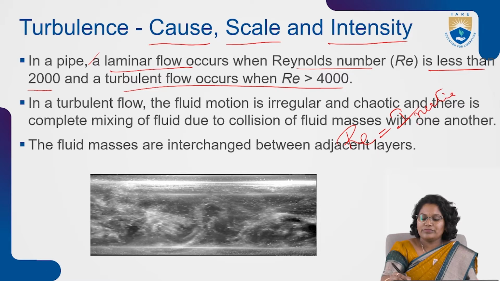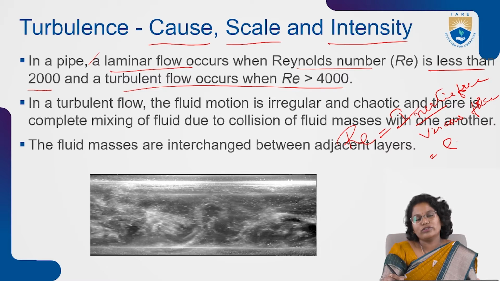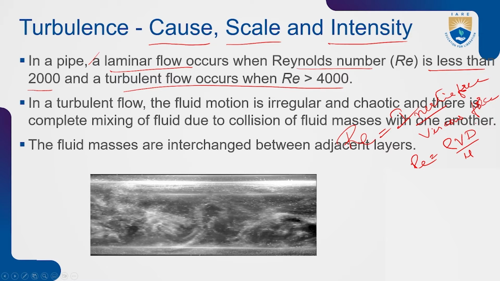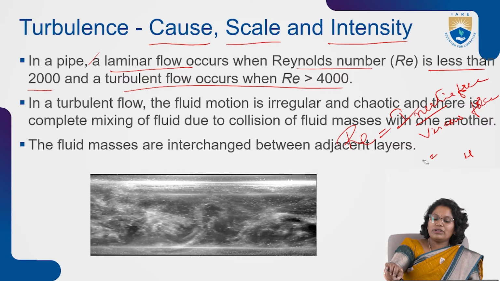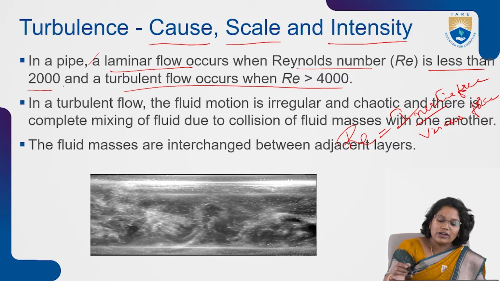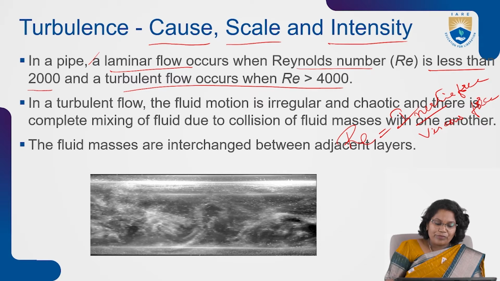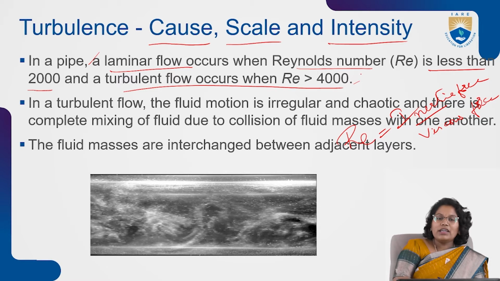We already know this formula, rho v d by mu, is the Reynolds number. By the Reynolds number, we are differentiating the flow. If it is less than 2000, we classify the flow as laminar, and if it is above 4000, we call it turbulent flow.